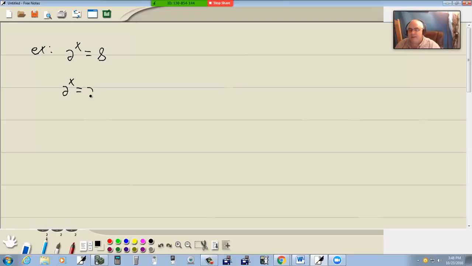Well, 8 I can rewrite as 2 to the third. Equality of exponents says if these are both 2 to a power, I can cancel the 2's and set the exponents equal to each other. And when I do that, then my problem's already solved.